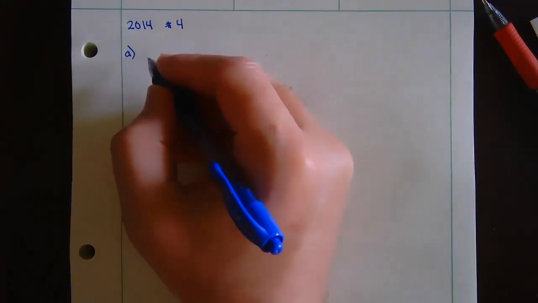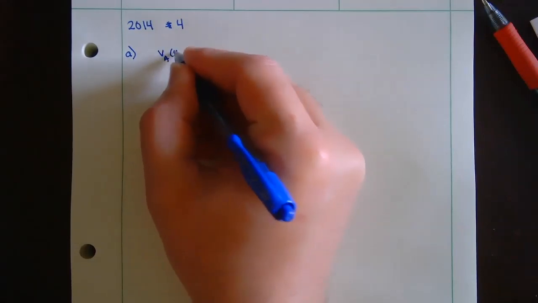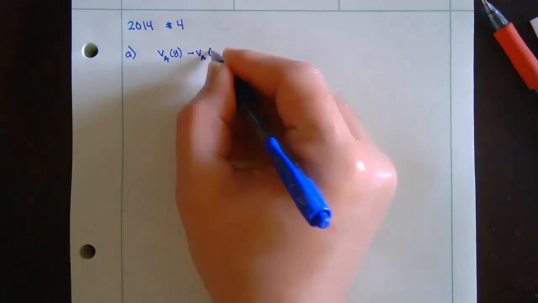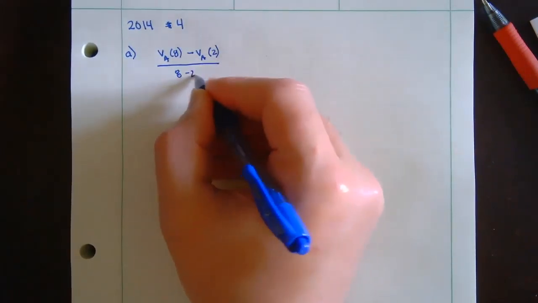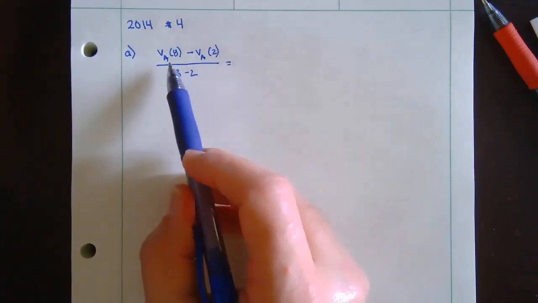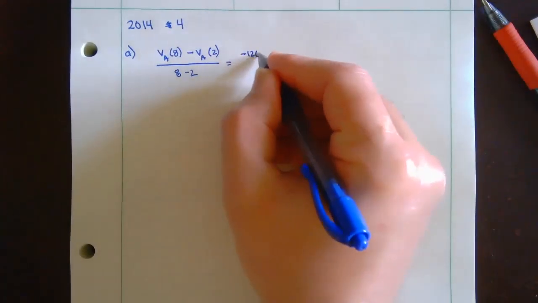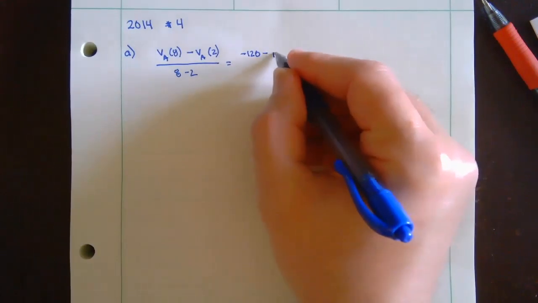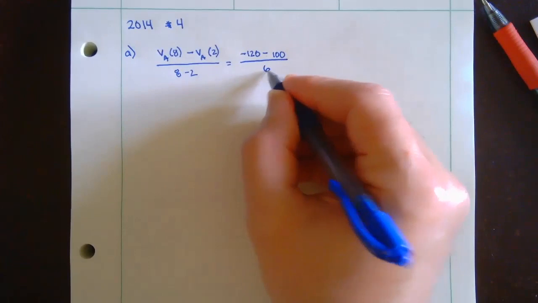Okay, so the notation for this would be, from 2 to 8, v sub A of 8 minus v sub A of 2, all over 8 minus 2. And then from the table, you can look up v sub A of 8 is negative 120, minus v sub A of 2, which would be 100, divided by 8 minus 2, which is 6, okay?